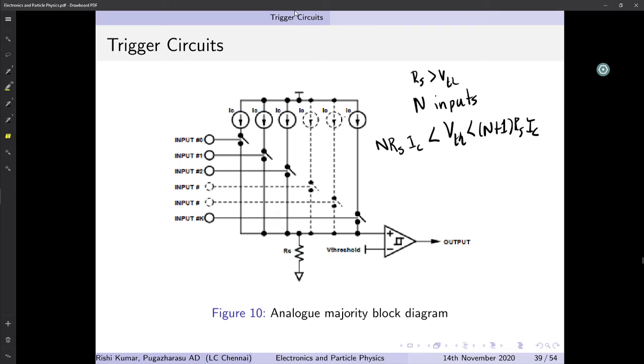All this is telling me is each active input increases the voltage on RS by a quantity RS times IC. When n inputs are active, the voltage on RS results in n times RS times IC. And when n plus 1 inputs are active, it's n plus 1 times RS times IC, and so on. So the V threshold must be set between these values, and that's what we've done here for n inputs.